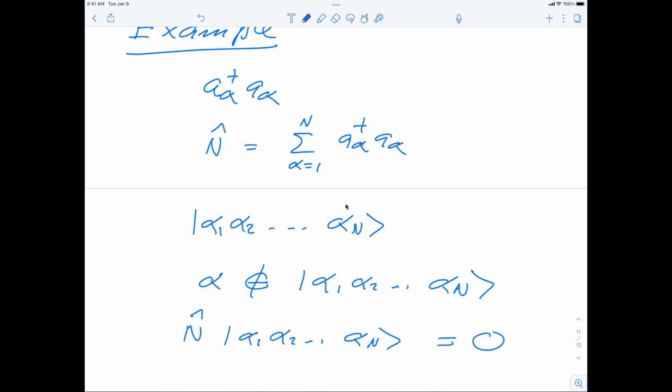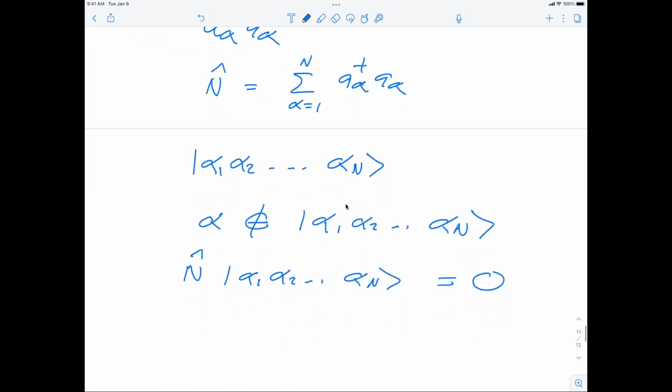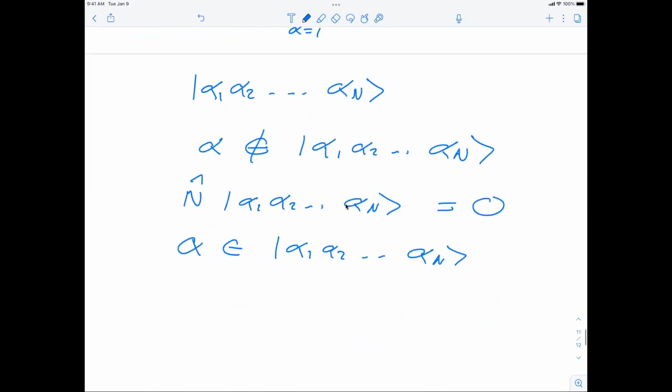So if all the alphas contained in that operator exist, so if alpha is contained in the state alpha_1, alpha_2, etc., up to alpha_n, then the situation is going to be a little bit better.